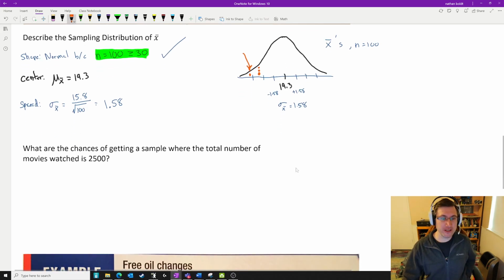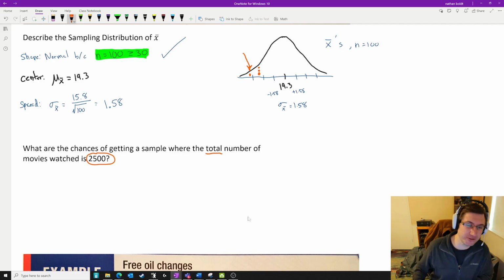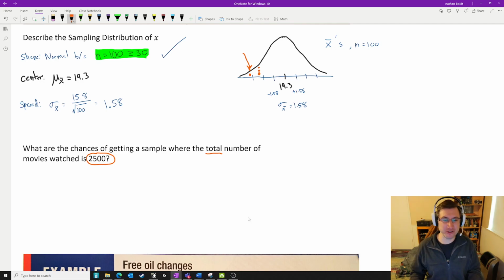All right, what are the chances of getting a sample where the total number of movies watched is 2,500? This is a popular thing for textbooks and test questions to do, is to not frame the question in terms of an average, but to frame the question in terms of a total.